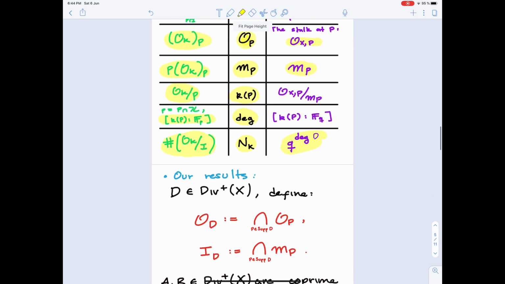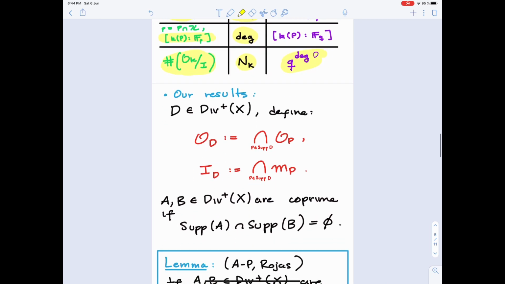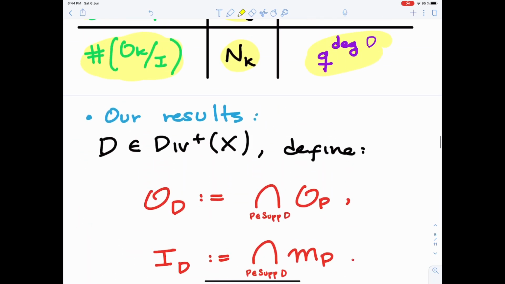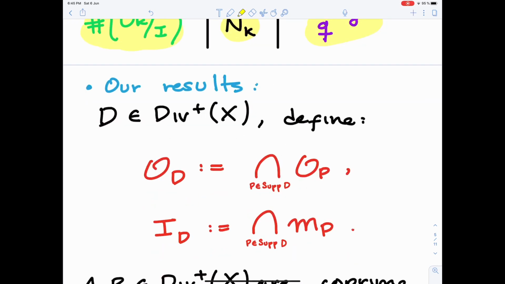So now that we have fixed some notation, we can dive into our results. The first thing we did was give a new perspective on the norm of a global field, and we did it like this.